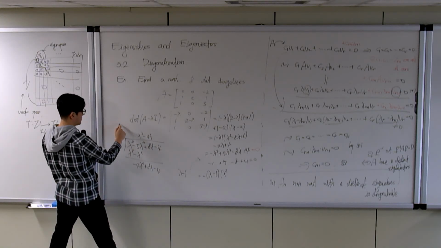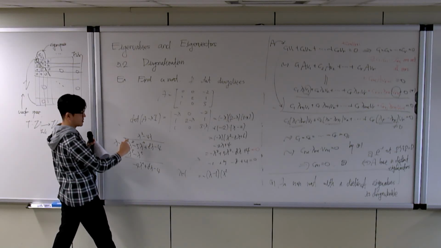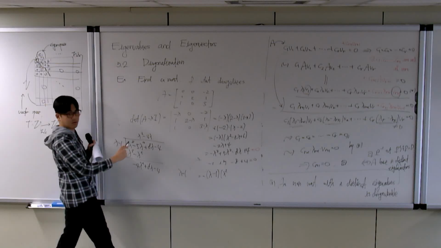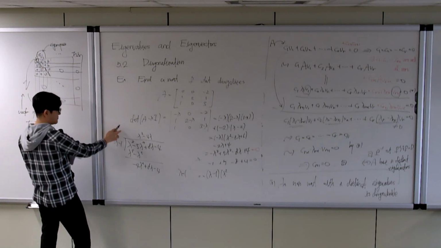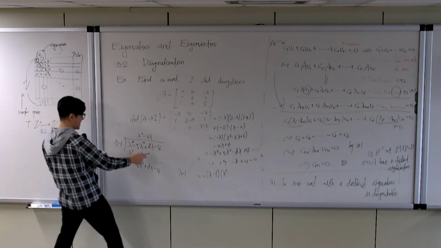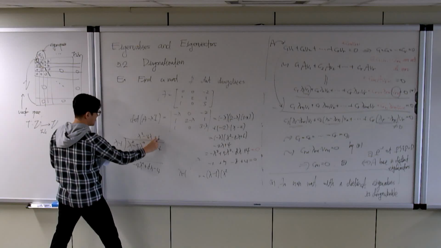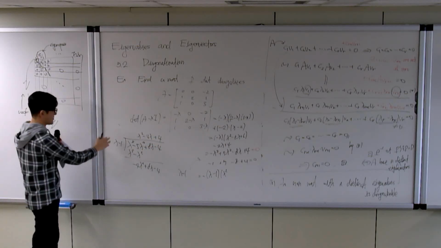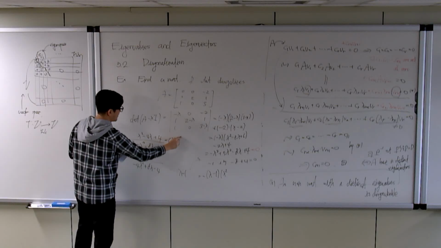So if the matrix A is diagonalizable, then this eigenvalue lambda 2 will give 2 distinct eigenvalues. And if it gives just one eigenvalue, then we can say the matrix A is not diagonalizable.